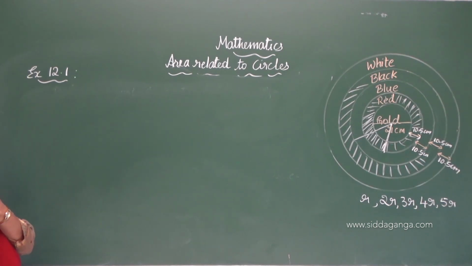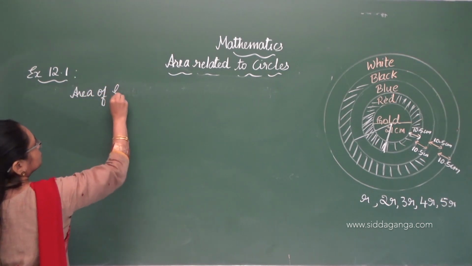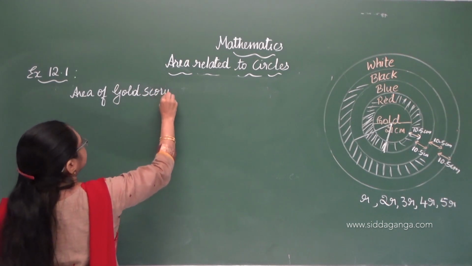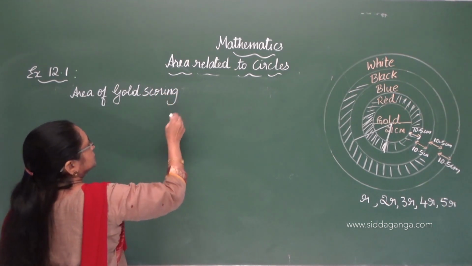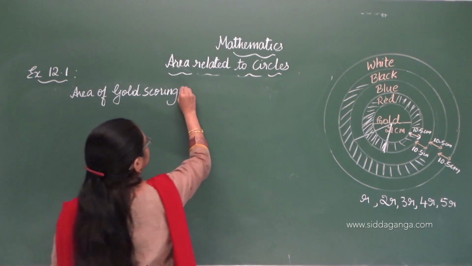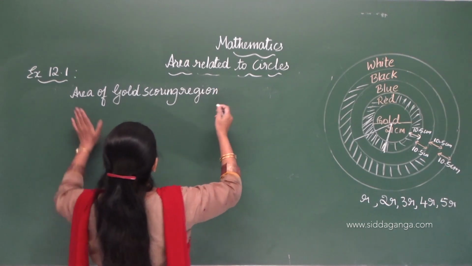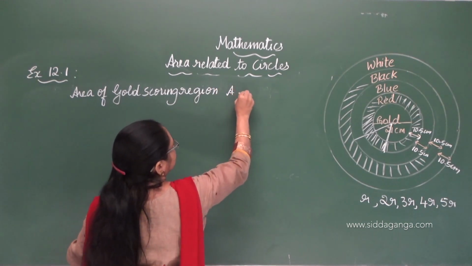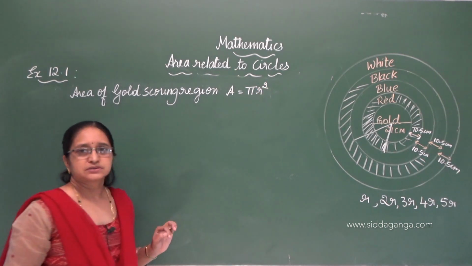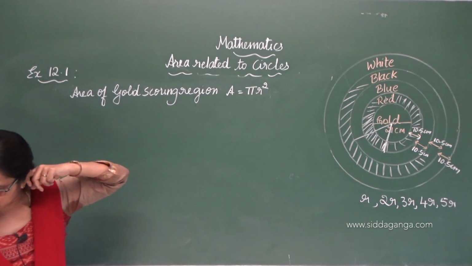So, area of the gold scoring region. You all know to find the area, A is equal to pi r square, correct? Since r is the radius of the gold region, I have taken pi r square.